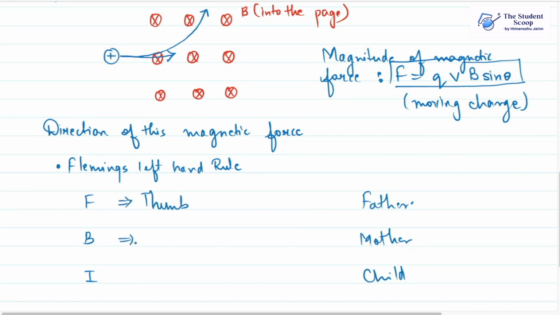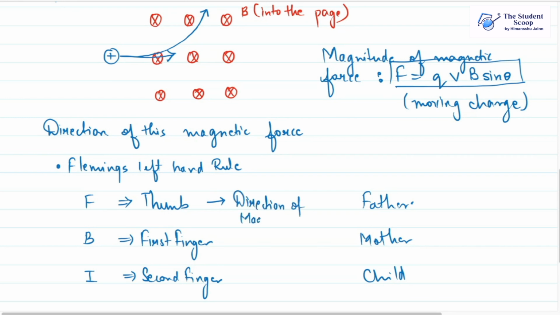B is basically the first finger of your left hand. I is the second finger of the left hand. So the thumb here is representing the direction of magnetic force.